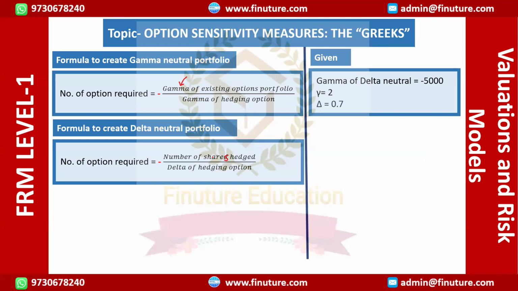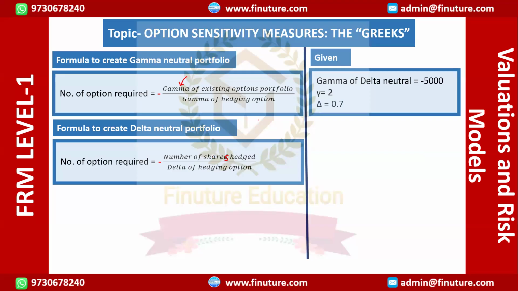And most important, if you are really a good learner, why do we use stocks or shares to make it delta neutral? Because the delta of shares or stocks is one. If you buy or sell stocks in your portfolio, that will not distort your delta neutralness. Very important point to note if you are really an in-depth learner.